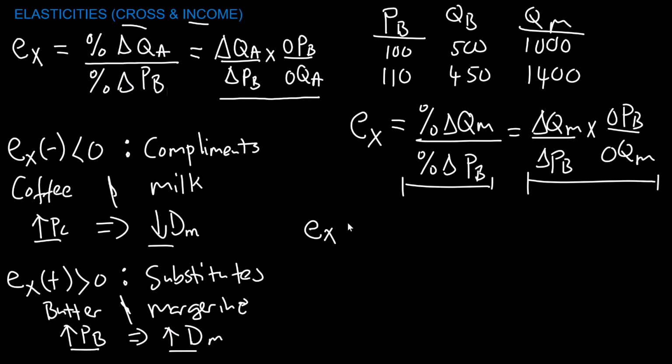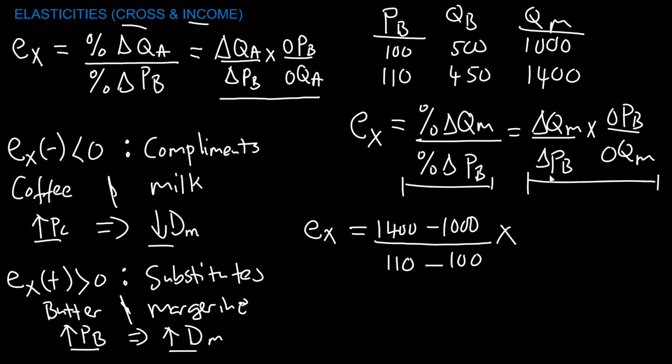So the cross elasticity between the butter and margarine: the change in the quantity of margarine is 1400, you start with the new one, you subtract the old one, which is 1000. Then you divide by the change in the price of the butter, which is 110 minus 100.